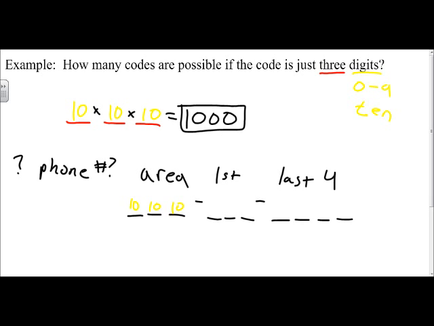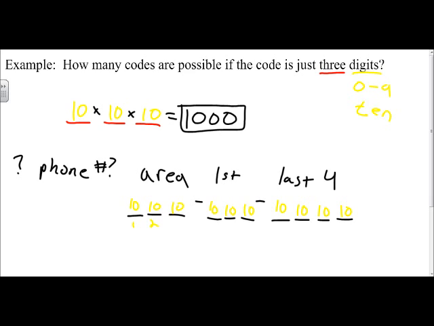Then the first 3 digits possible, again, there are 10, 10, and 10. So like 536 or 277. Those would be the first 3 of your phone number. And then the last 4, again, there are 10 possible here, here, and here. So there are 10 possible digits in each of these spots.